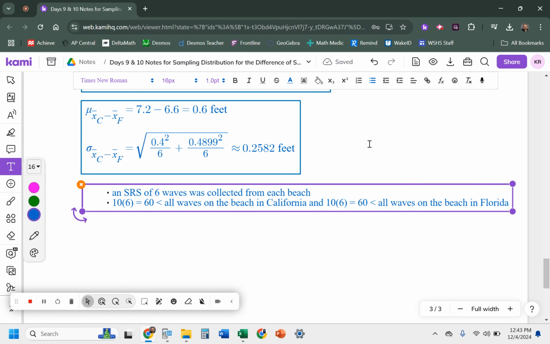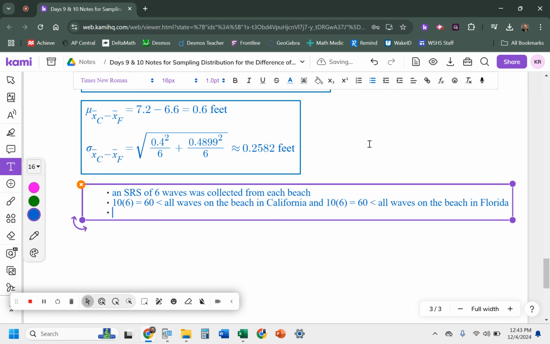So this is establishing independence, which basically just tells us that we can use that standard deviation that we just calculated in the box above.